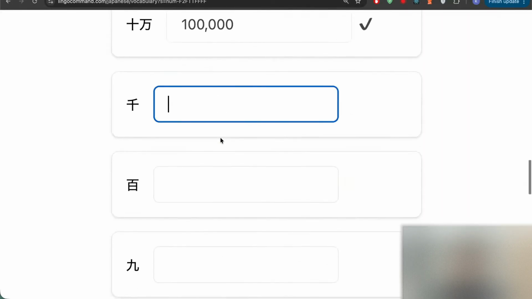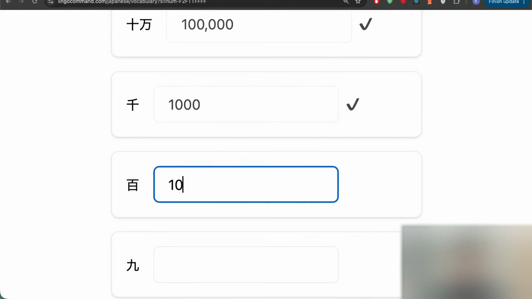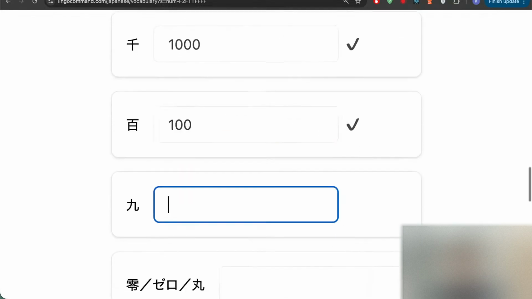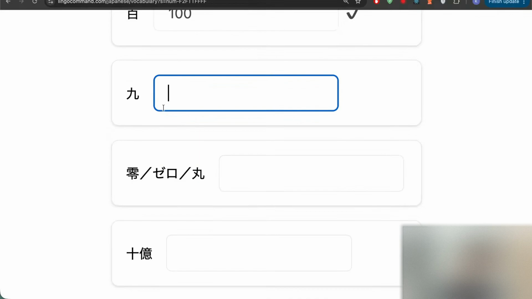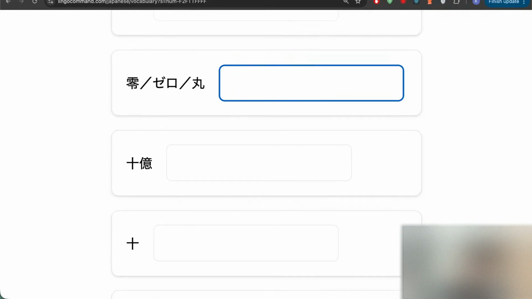Moving on. We actually spoke about this just now. So this is sen, which is 1,000. This we also spoke about. It's 100. And then this one, it actually looks just like maru, but it doesn't have that third stroke at the bottom. This is actually Q, which means 9. And then here we've got rei, 0, and maru. These are 3 different ways that you can say 0 in Japanese.